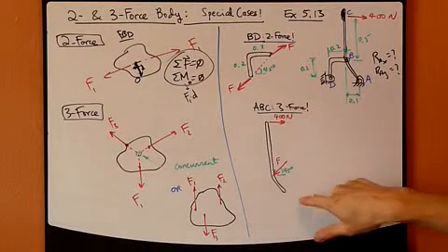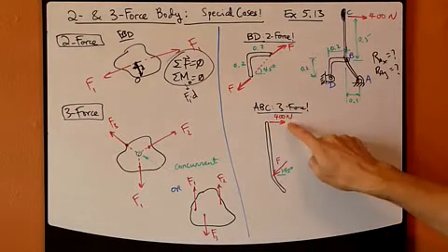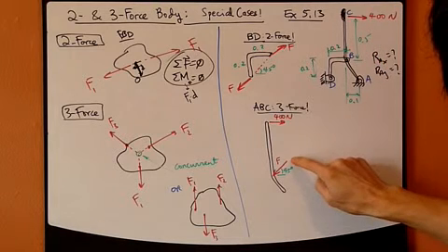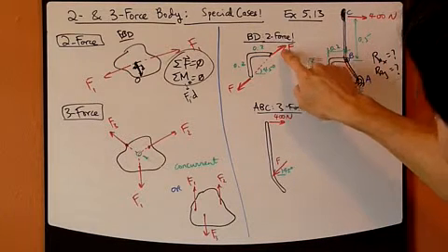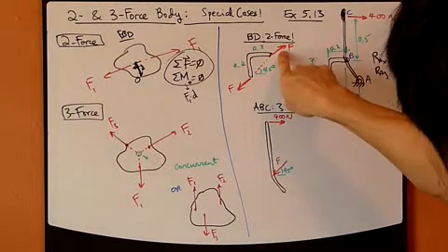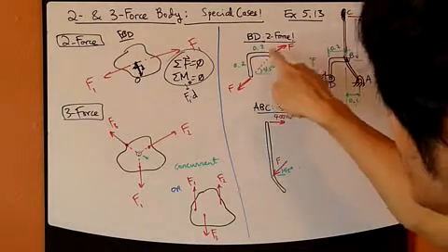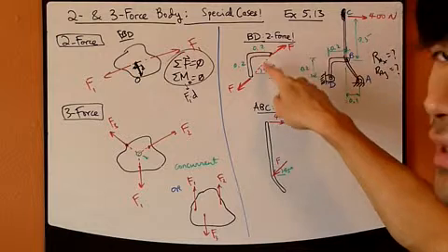Moving on to this ABC piece right here. So you have this applied force, 400. You have this force, exactly this right here, except that this is the force exerted by this ABC piece on this BD body.